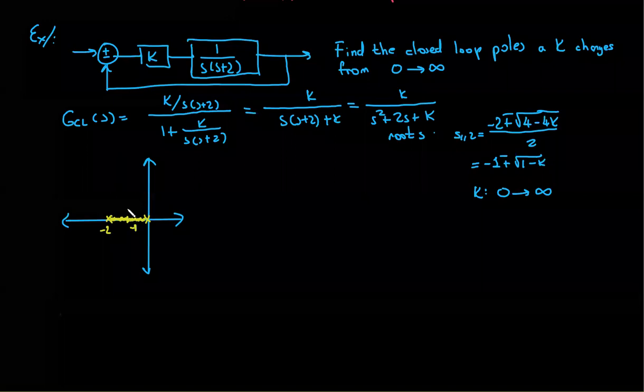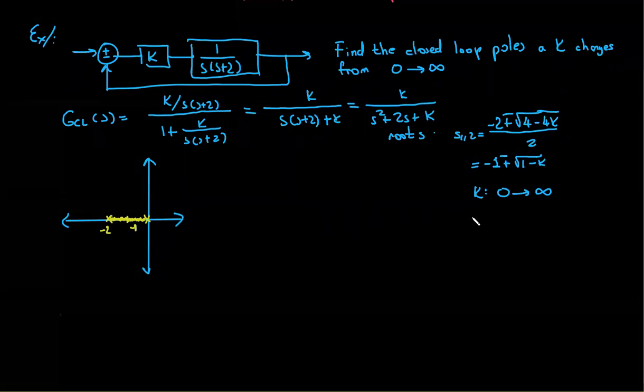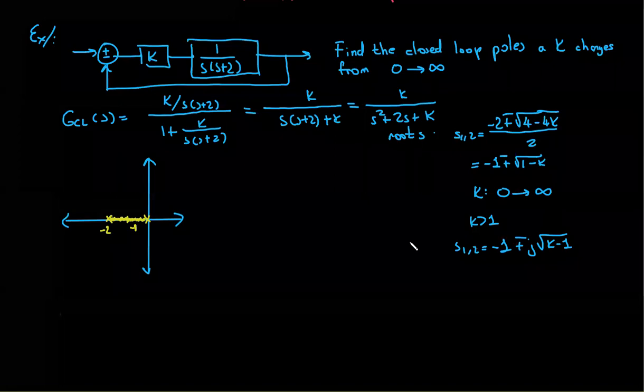And if I increase k further, so for k greater than 1, the root locations are going to be complex roots, okay? So it's going to be -1 plus or minus j times the square root of k minus 1, right? So the real part of the roots, when I increase k further from 1 to infinity, is going to stay the same. It's going to be at -1, but the complex part is going to increase, increase, and increase, right?